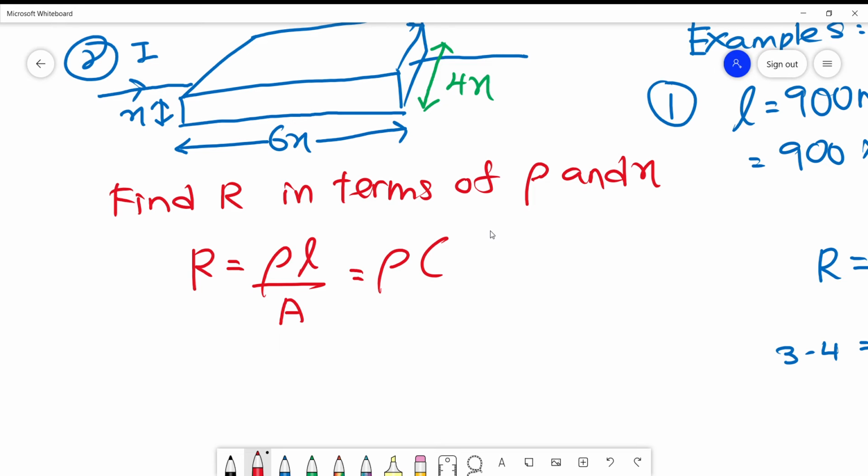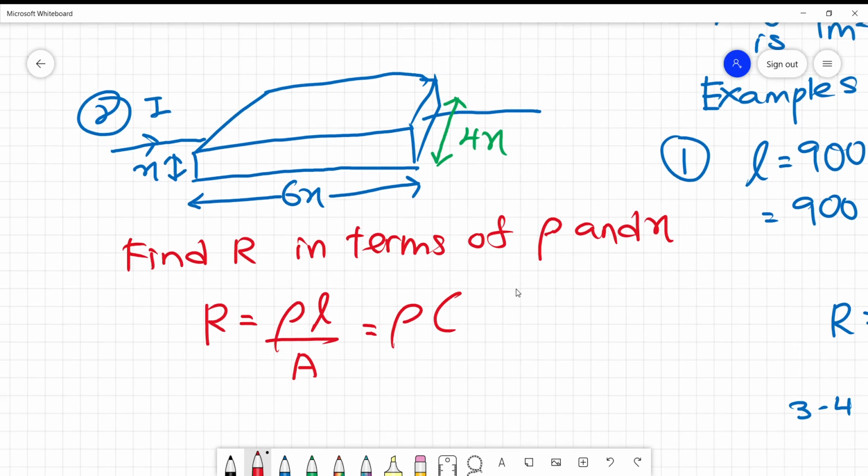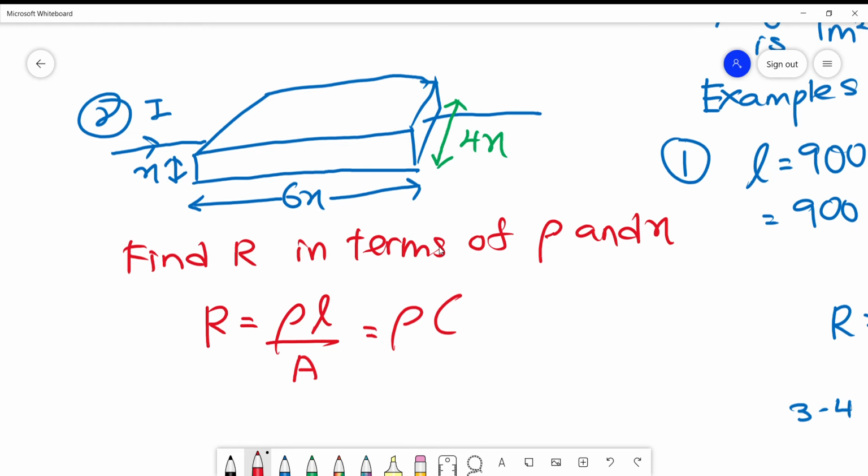For the length, the direction of the electric current moves from left to right, so the length of the conductor is 6x.